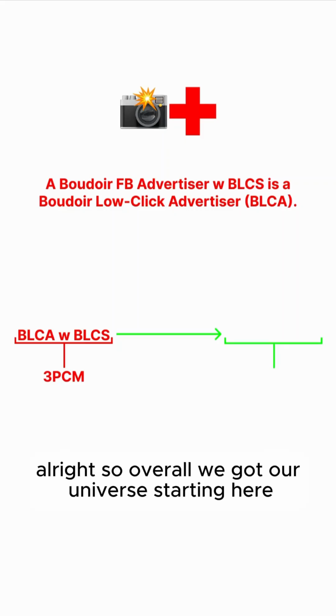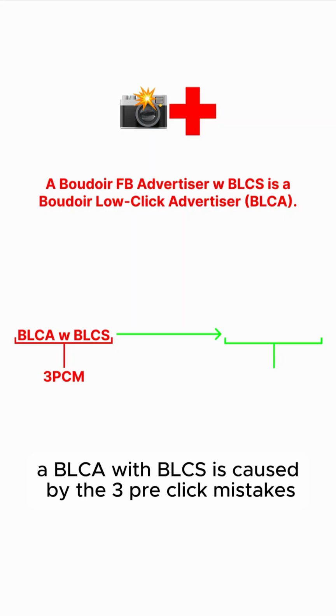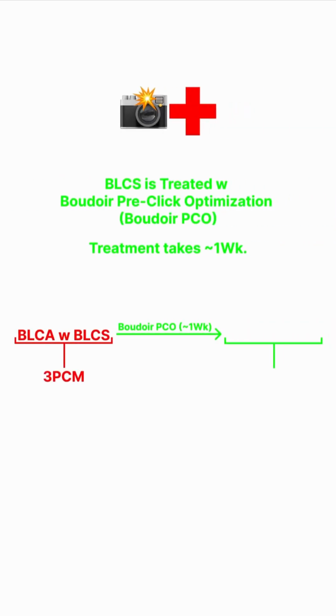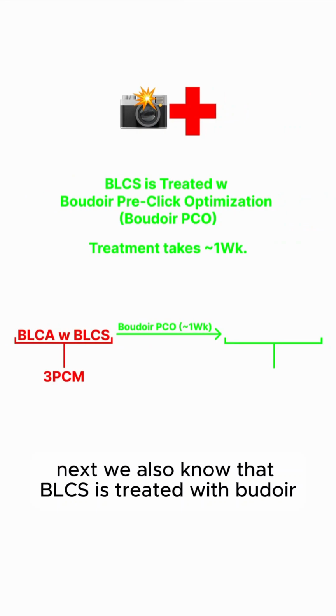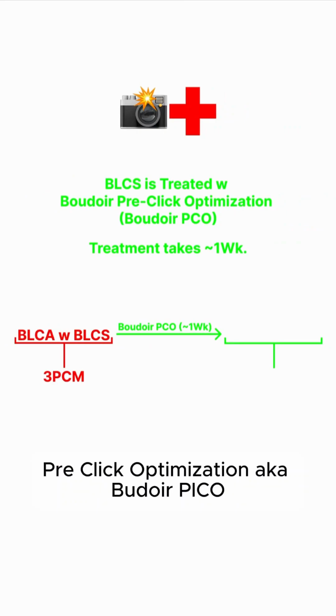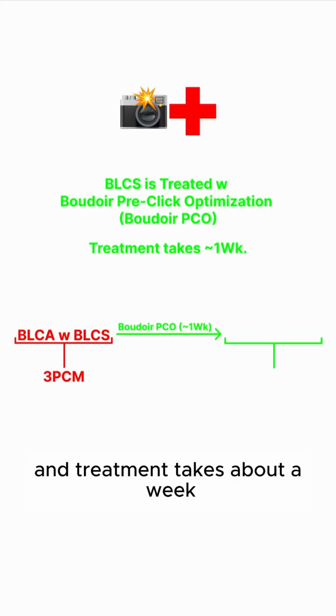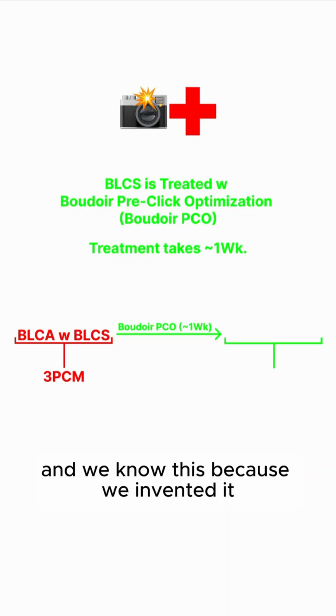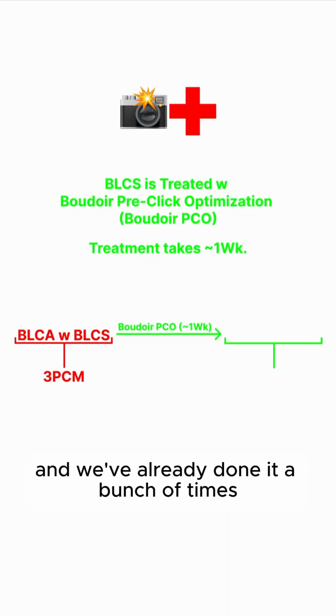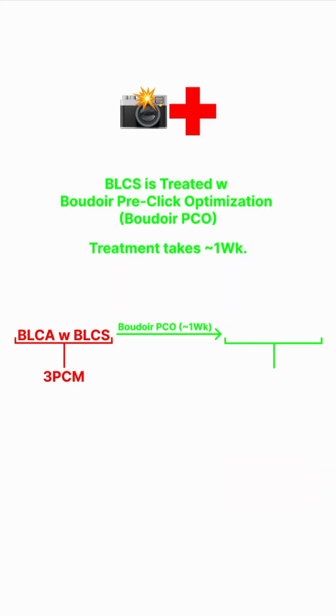We also know that a Boudoir Facebook advertiser with BLCS is a Boudoir low-click advertiser, BLCA. So overall, we have our universe starting here. A BLCA with BLCS is caused by the 3 pre-click mistakes. Next, we also know that BLCS is treated with Boudoir pre-click optimization, aka Boudoir Pico, and treatment takes about a week. We know this because we invented it and we've already done it a bunch of times.